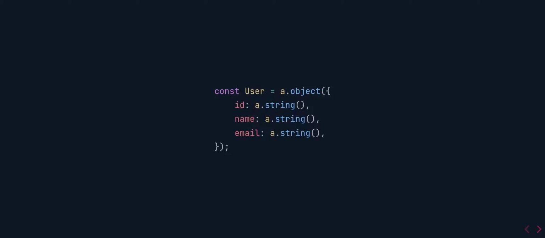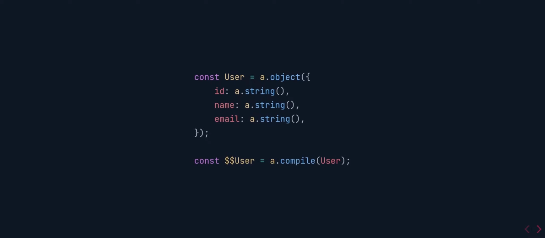And the reason for this is because Arri comes with a JIT compiler. With the JIT compiler, we pass in a.compile, and that function, compile, it navigates over that tree of metadata that I showed earlier. And what it does is that if we expand this out, you'll see that it pre-compiles a high-performance validate, parsing, and serialization function.